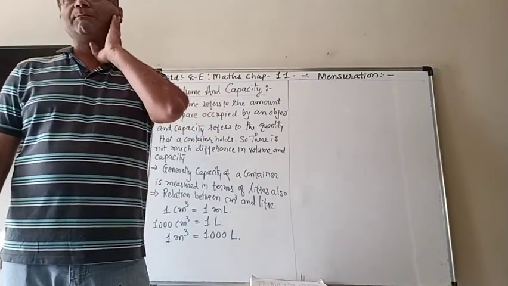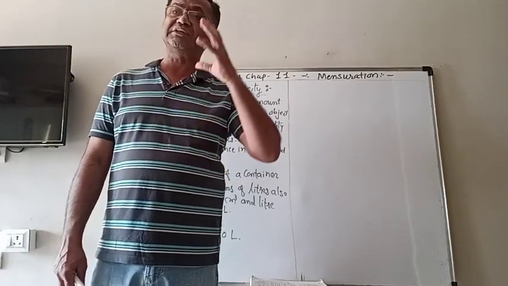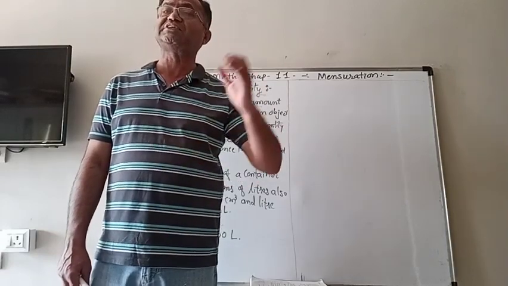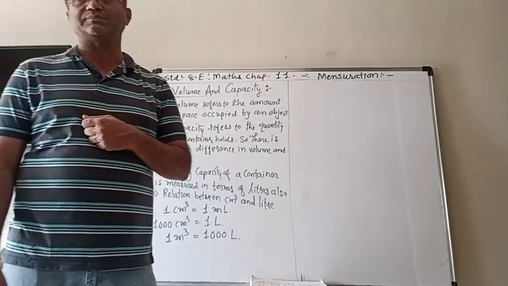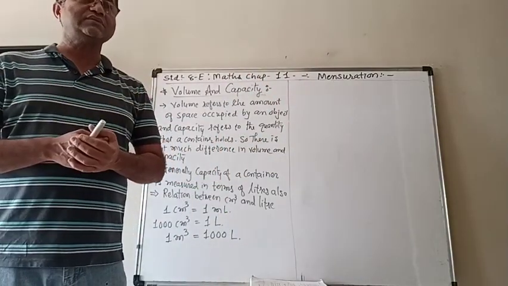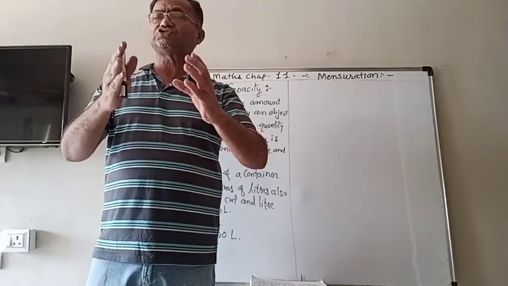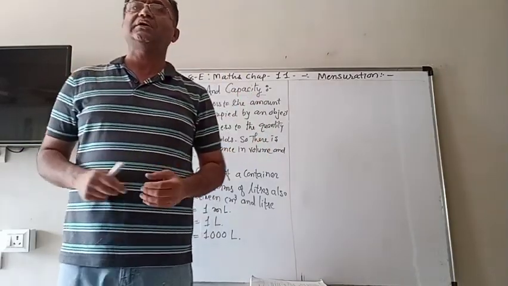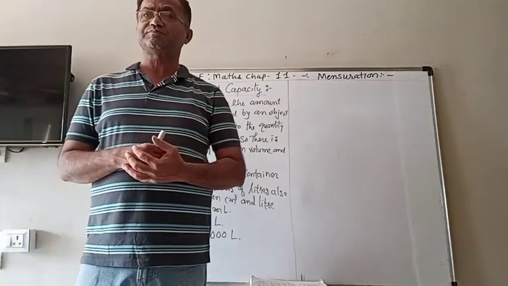When you go to buy a refrigerator and ask what the size is, they will tell you it is so many liters. So it means it can contain that many liters, its capacity, which is actually its volume.